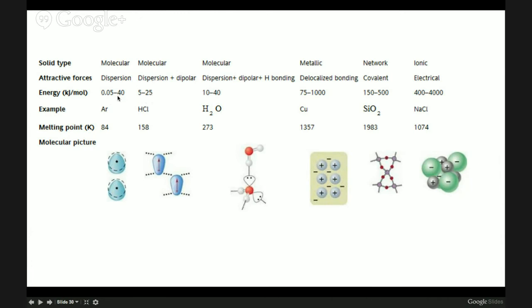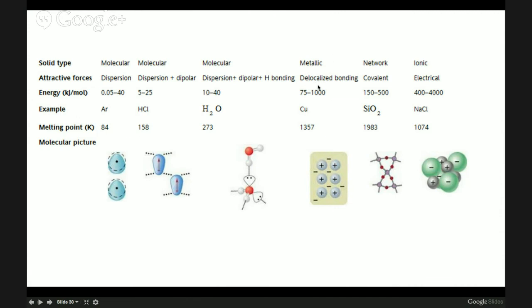So there are some cases where you can have dispersion forces that are greater than just dipolar. Look at the 40 here, and H bonding. There could be some weak H bonding. So even though we say dispersion forces are weak, they can match some of the polar and H bonding of some compounds.